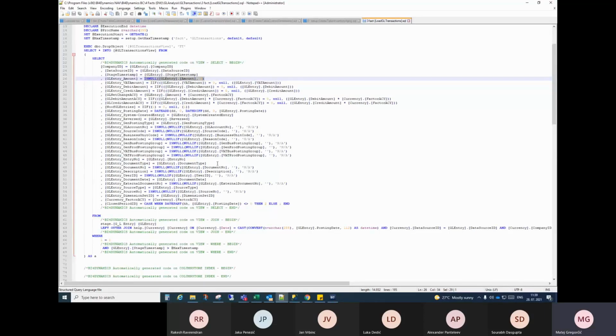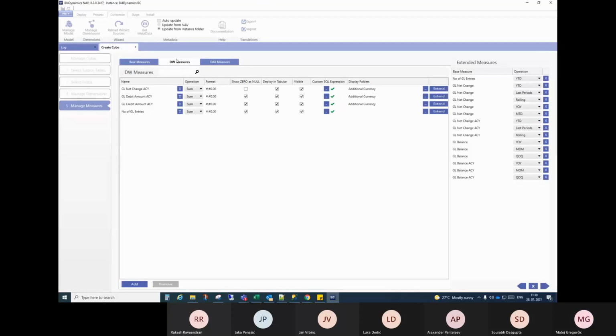Now we transition to the data warehouse measures. And these measures are something that we calculate on the data warehouse. In our case, we will calculate something from the measures that we already have.